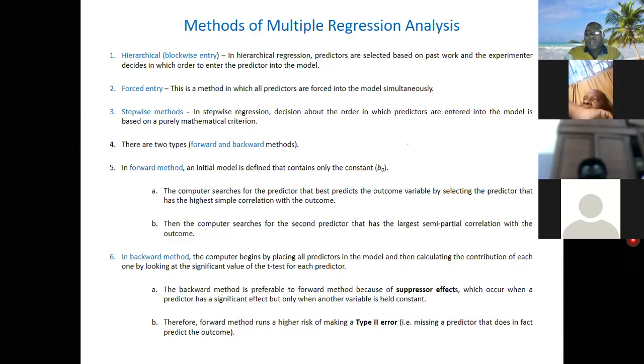But in backward, you put in everything. Now begin to remove the one you think is least important. The one you remove doesn't change the R square much, or it doesn't even change it. You remove it completely. That is backward.